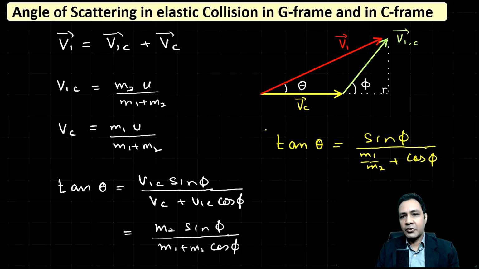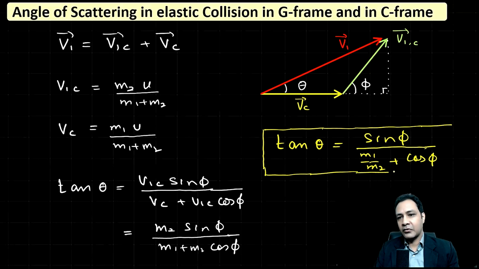This is the relationship between the angle of scattering of the same particle m1 in the ground frame and in the C frame. In the ground frame, the angle of scattering is theta, and in the C frame, the angle of scattering is phi. I told you before that phi can take any value, but can theta also take any value? So let's investigate.